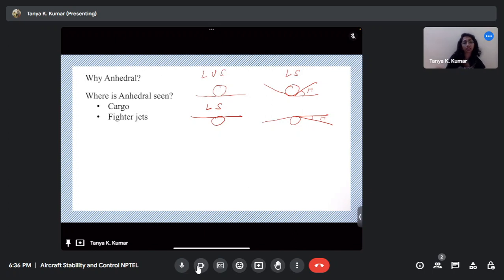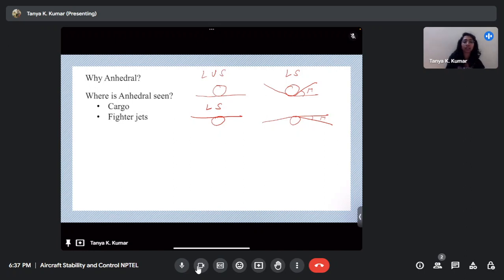So if the aircraft is very stable, it becomes very difficult to control it or maneuver it. As the stability increases, controllability reduces, right? So for cargo aircraft and fighter jets, you need to have some more amount of controllability.